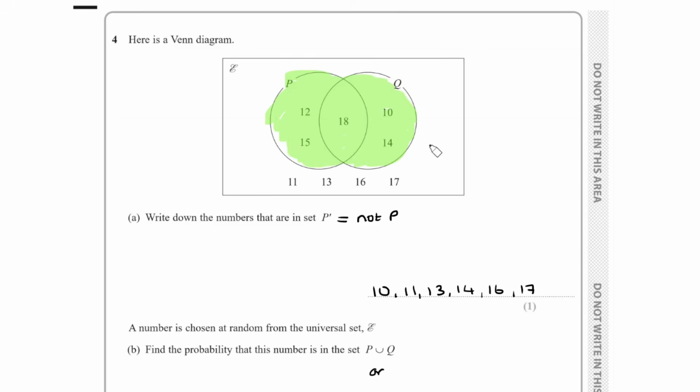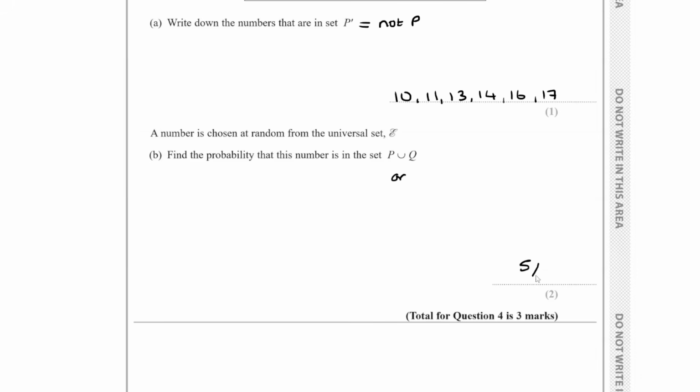So it's in either or, but now we want to know a probability. So I would count how many numbers are in P or Q, which is 5, and then out of how many numbers are in the whole Venn diagram. That would be 9. So 5 out of 9. And I would just leave it as a fraction. So you get 3 marks in total for that question.